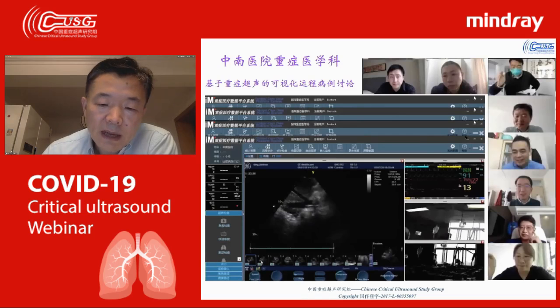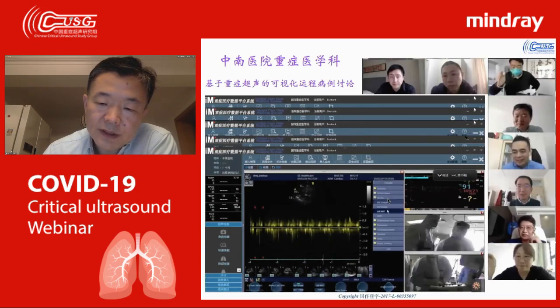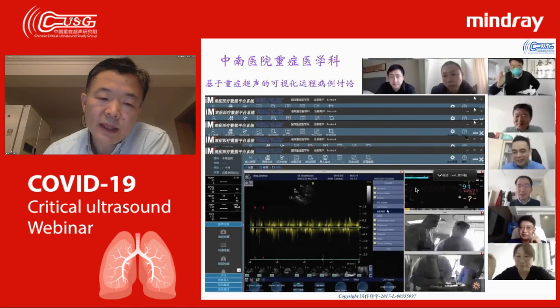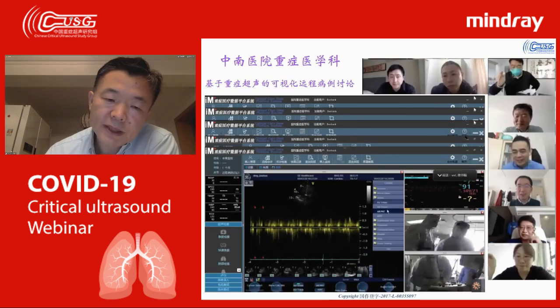And after this, you see the patient's condition is much, much better than before. The oxygen situation is better and the blood pressure is better. You use these tools not only beside your patients, close to your patients, but you can also transmit to the experts, ask for a second opinion or third opinion to help your patients.